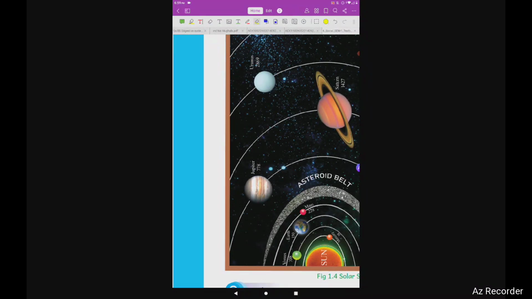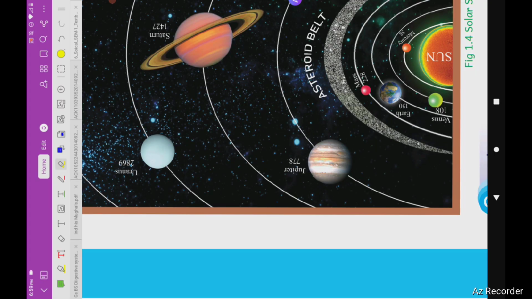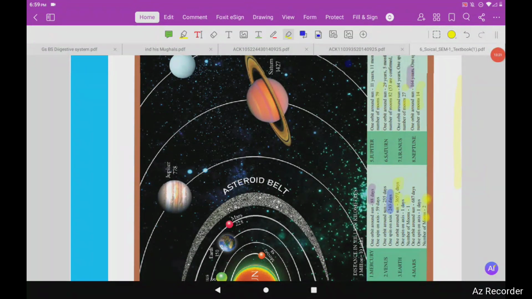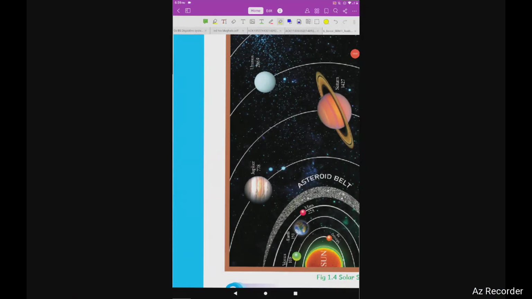What are the moons? Moons are the natural bodies which revolve around the planets and are called satellites. Except the first 2 planets, Mercury and Venus, all other planets have satellites. These are called natural satellites.